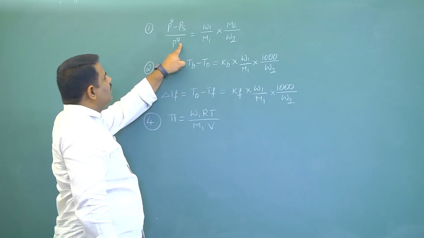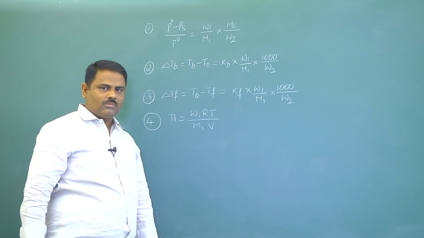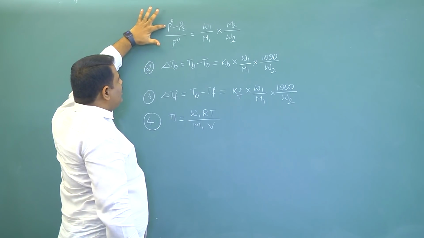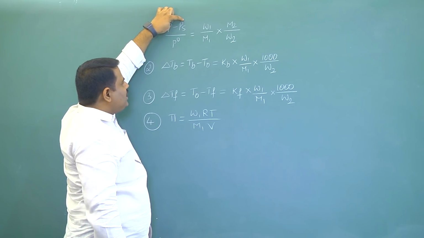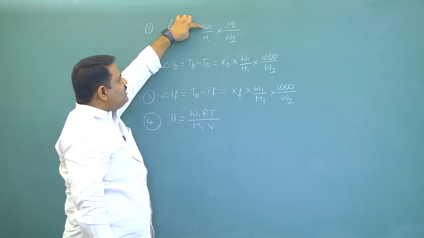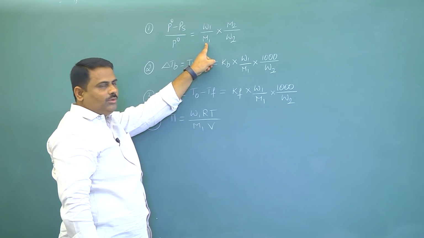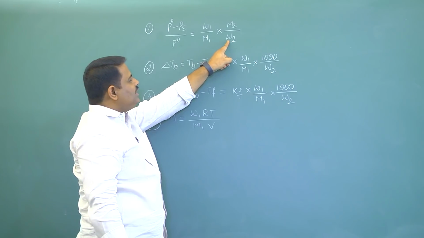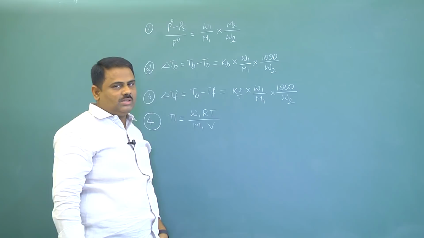First one, relative lowering of vapor pressure. P naught is vapor pressure of pure solvent, PS is vapor pressure of solution, W1 is weight of solute, M1 is molar mass of solute, W2 is weight of solvent, M2 is molar mass of solvent.